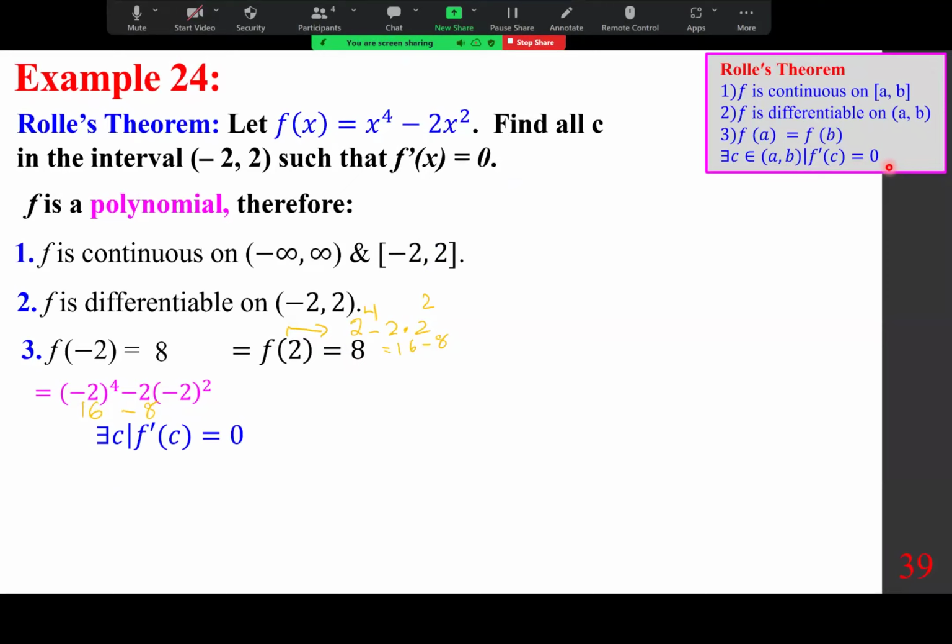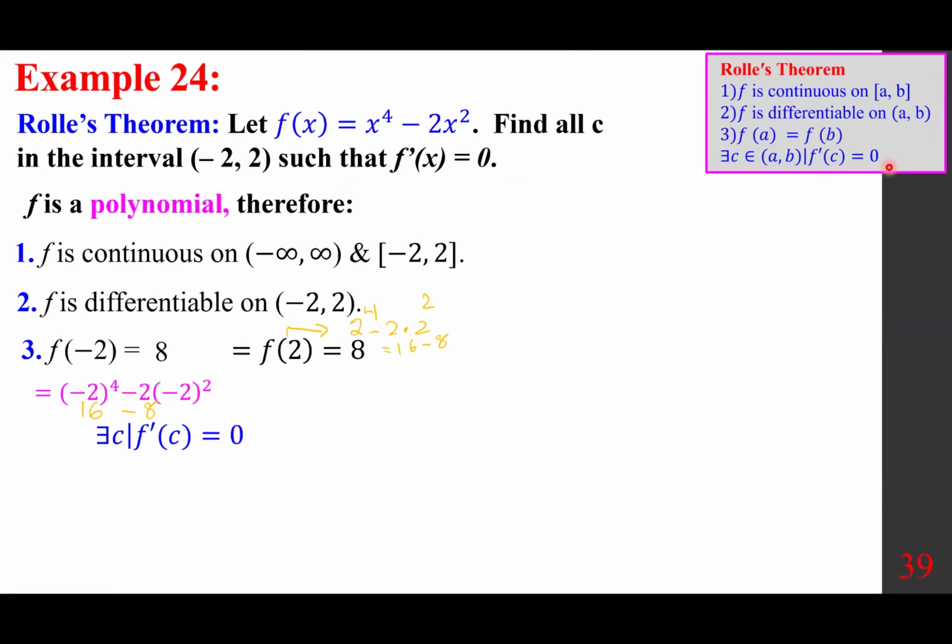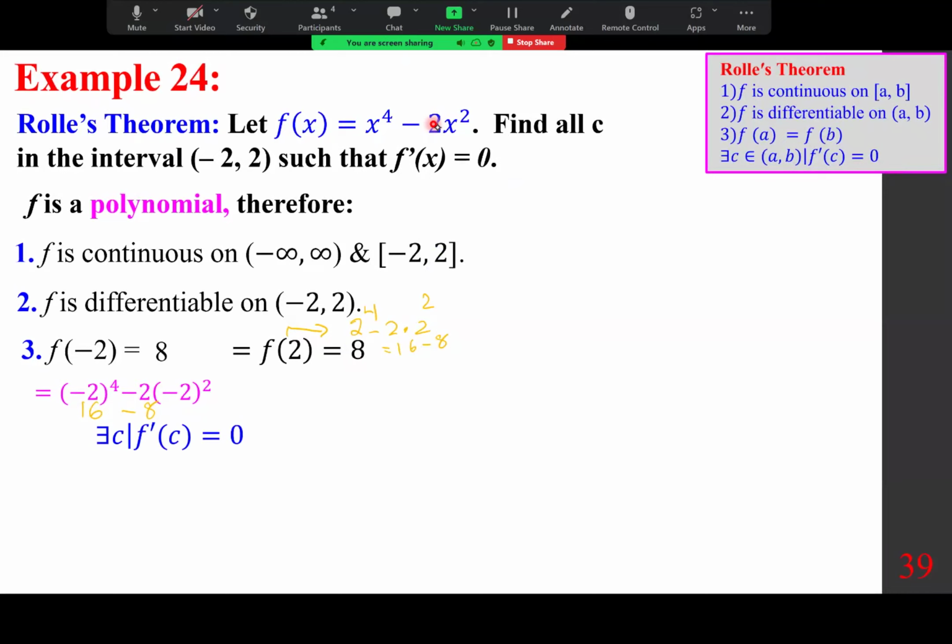How do we find that? Well, let's find f prime of x and set it equal to 0. Now, f prime of x is 4x cubed minus 4x. We set it equal to 0. Remember, this theorem indicates there's at least one. There may be more, but at least we must have one. So we can factor out the 4x.